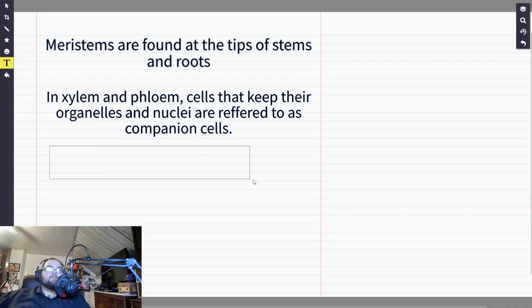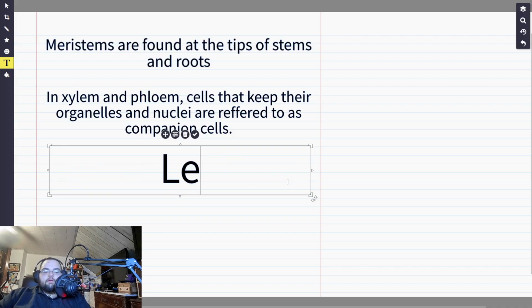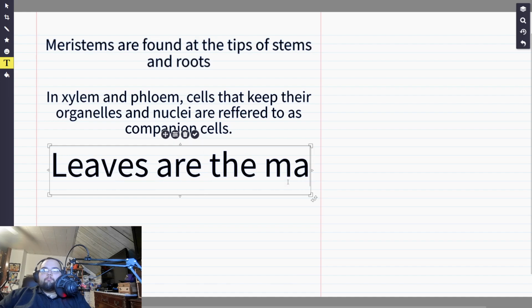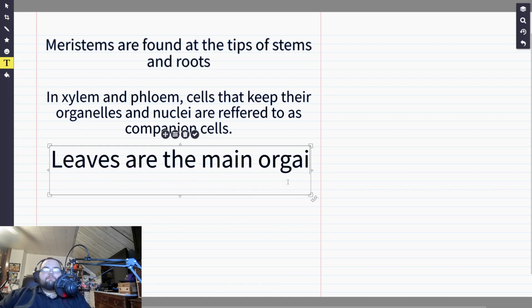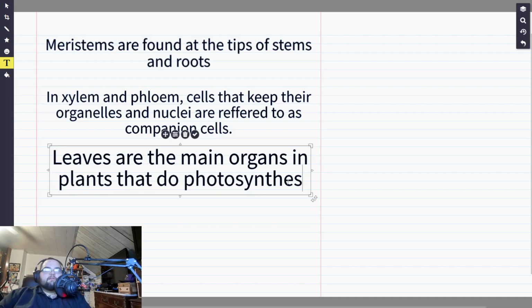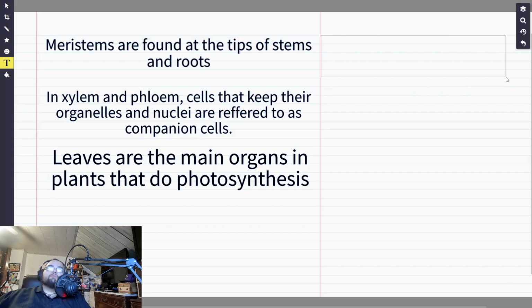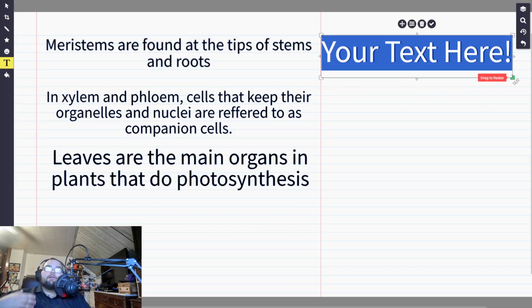So if they're a companion cell, that means they keep their nuclei and they can keep their organelles. Leaves are the main organs in plants that do photosynthesis. Again, remember, the stem can take care of photosynthesis if there is a situation in which the leaves aren't working properly. But the leaves' primary job is for photosynthesis.